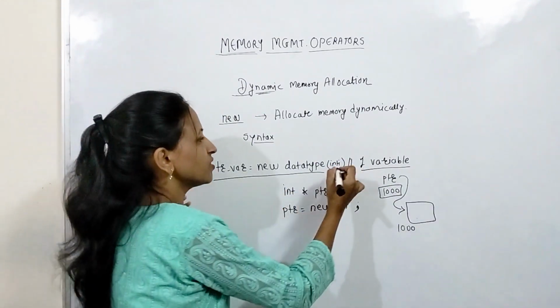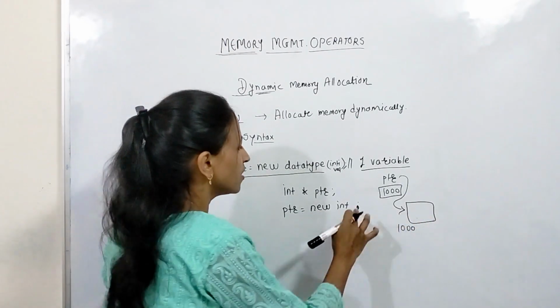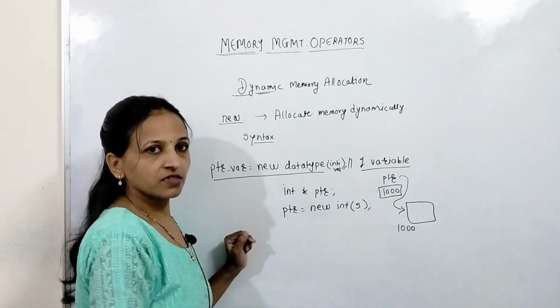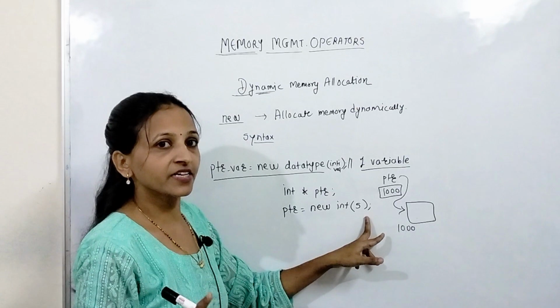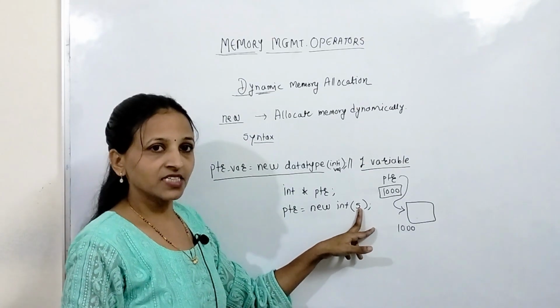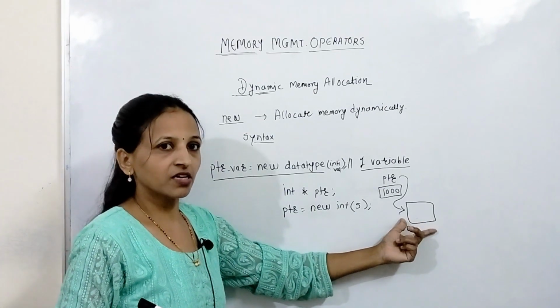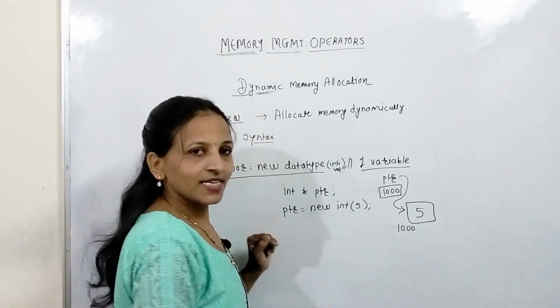That's it. That one change you have to do. Means while dynamic allocation, you can give an initial value in round brackets. Remember, it is compulsory to place the round brackets here, then only the meaning is like this: allocate space for one integer in memory dynamically and store the value 5 as an initial value inside that block.